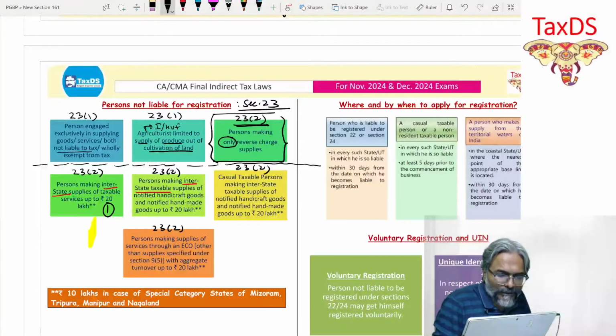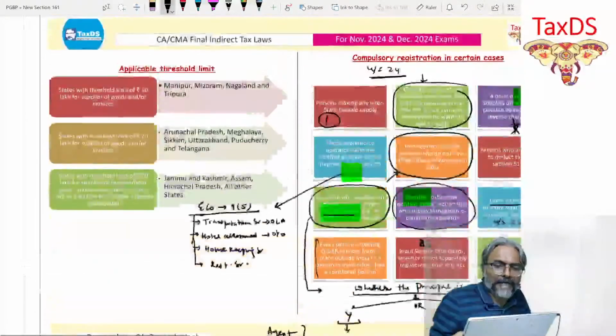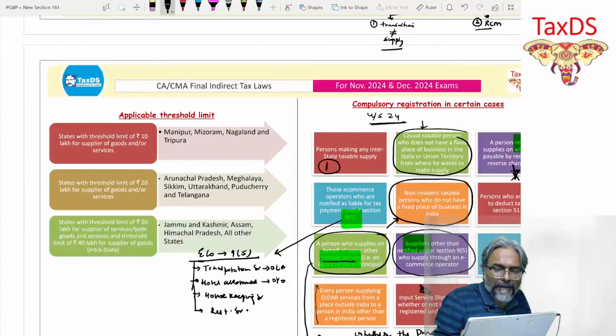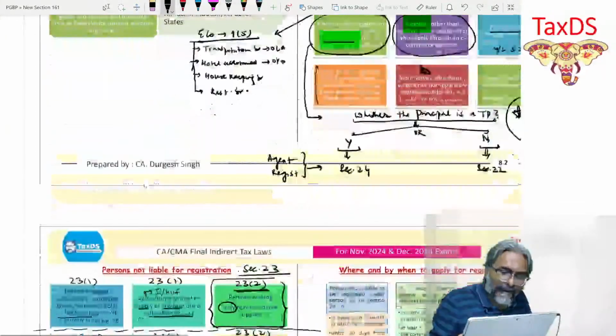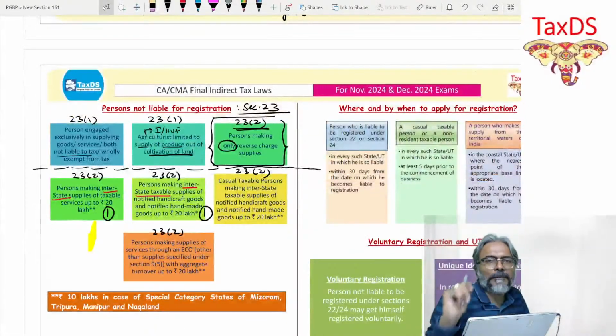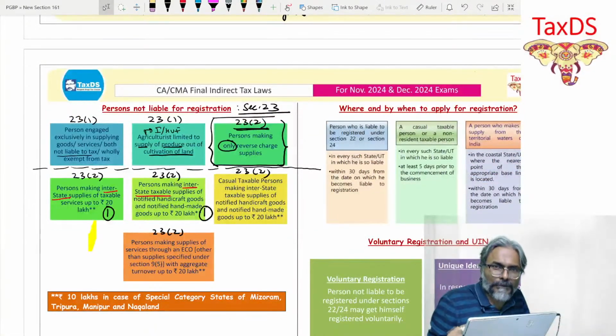Which are those few? This is one, so I'm just putting one and one, so that the correlation can be done. Mark this as point number 1 over here, and these two also, students, mark as point number 1. Now by doing this, you can correlate.